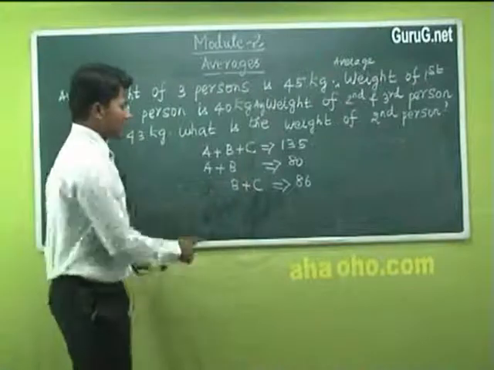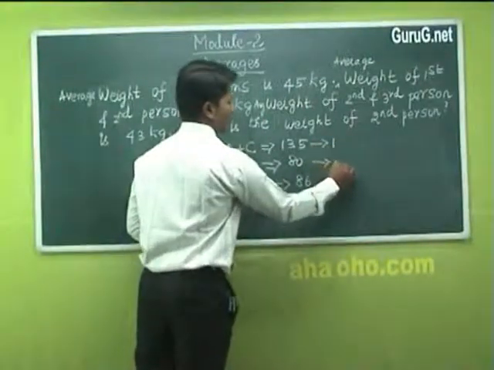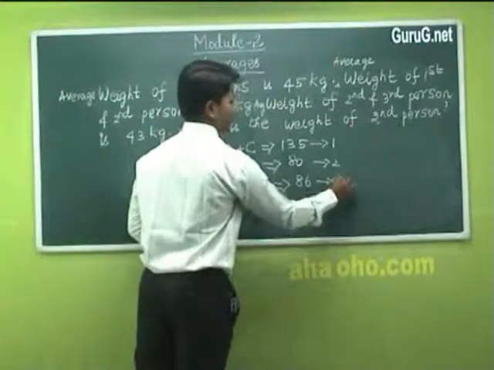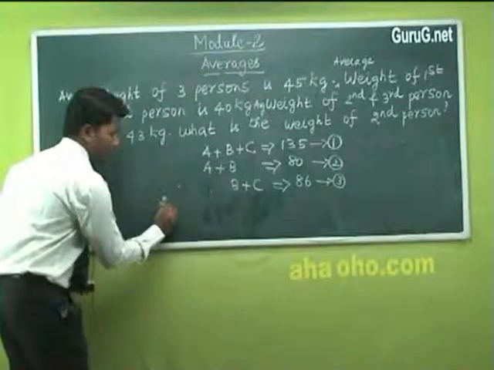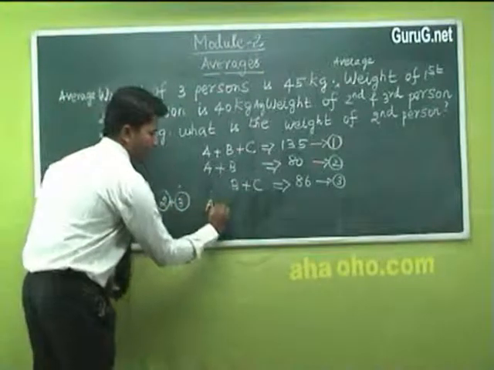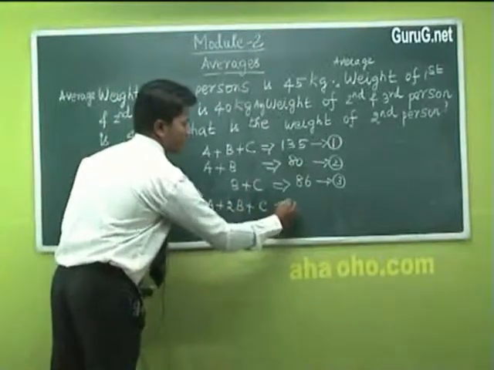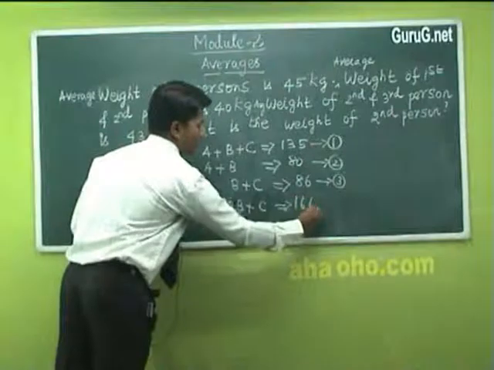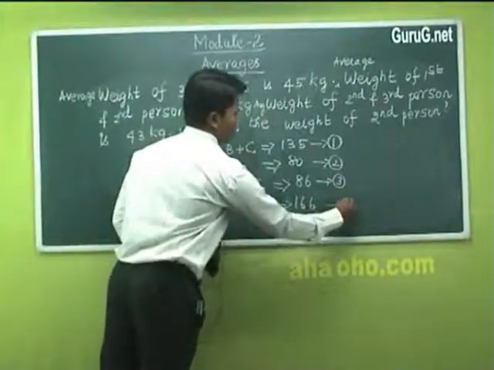So add these 2 equations. Let this be 1, 2, and 3. Fine. Add 2 and 3. 2 plus 3 will give you A plus 2B plus C. It's nothing but 166. Let this be equation 4.